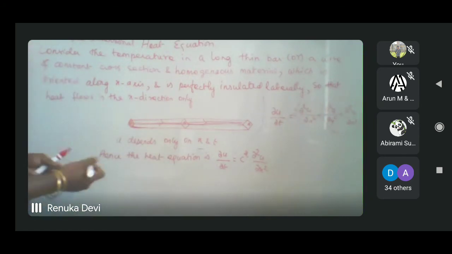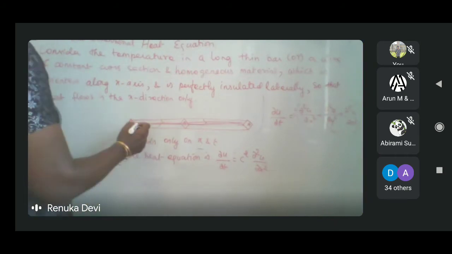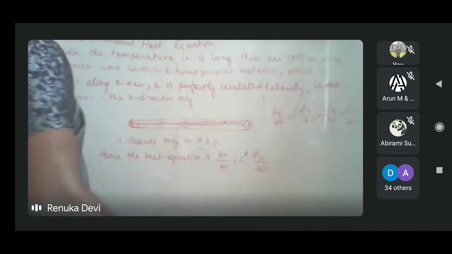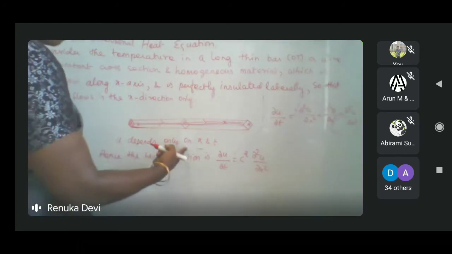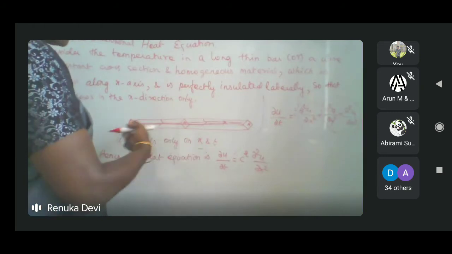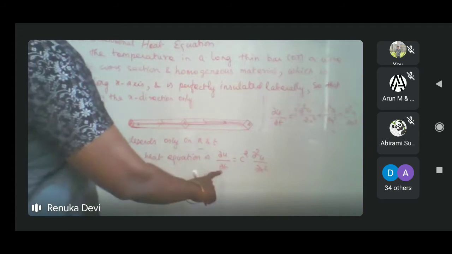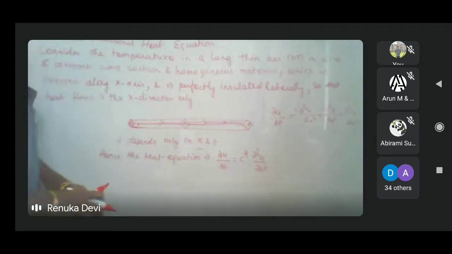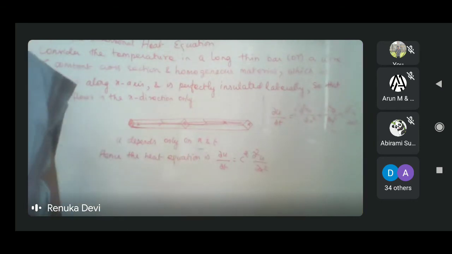In the starting position the temperature will be higher and here it will be lower. So the temperature depends on the displacement or distance as well as the time. Hence the heat equation is dou u by dou t equals c squared dou squared u by dou x squared, where c squared is k by rho into sigma.